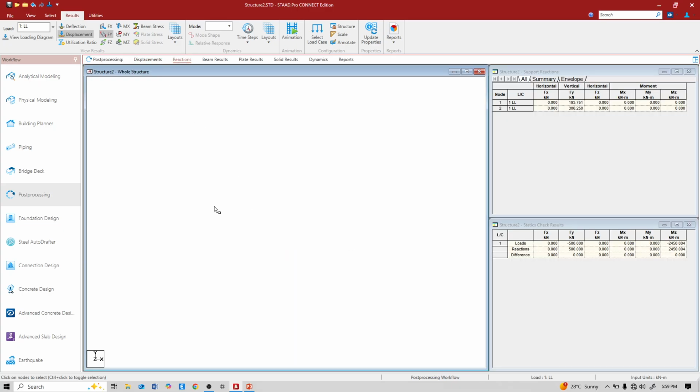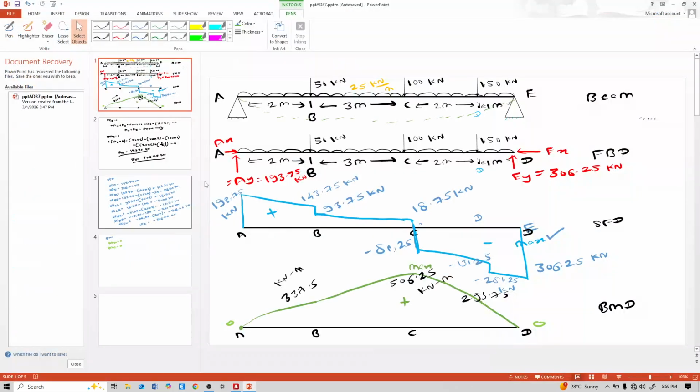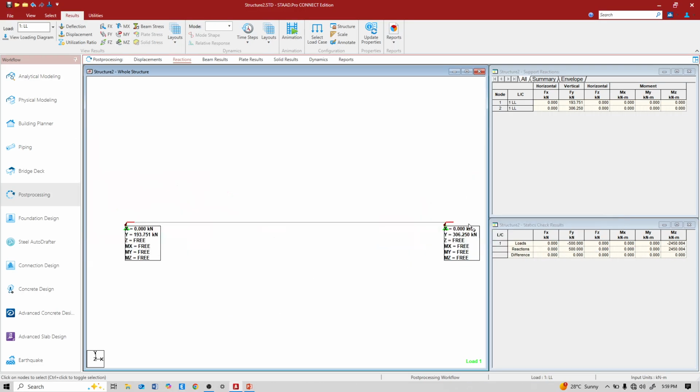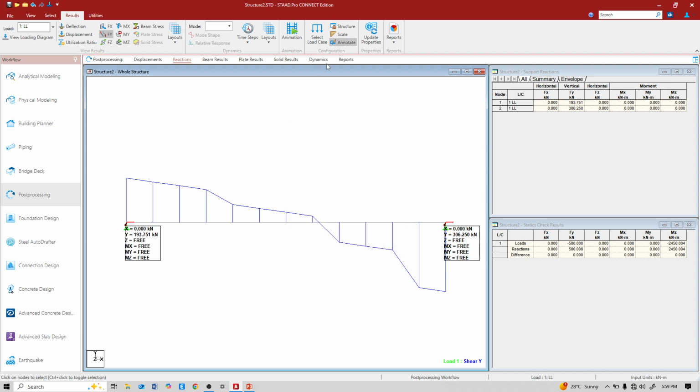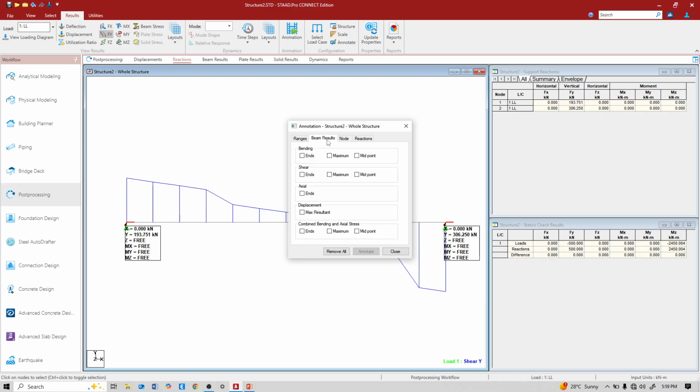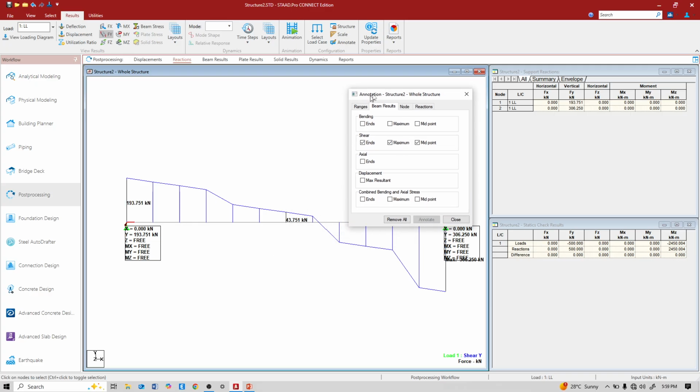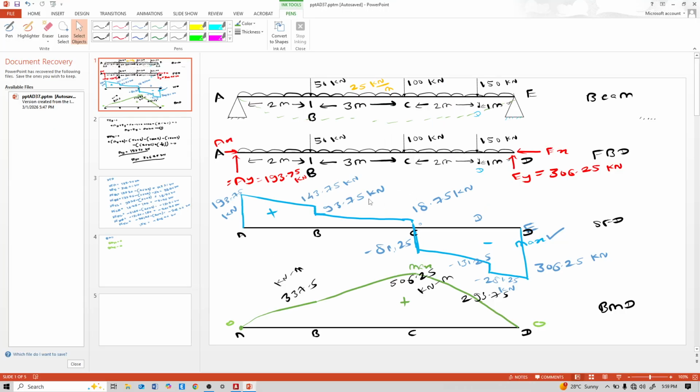See reactions. 193.751, 193.75, and 306.25. Reactions are okay. Now shear.